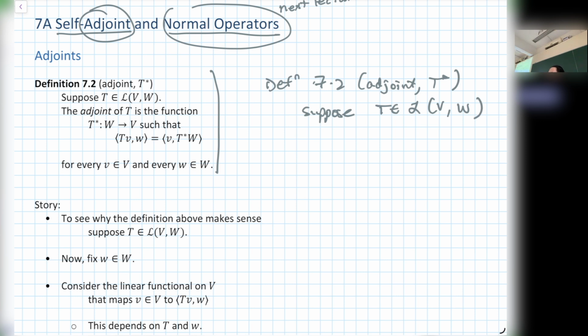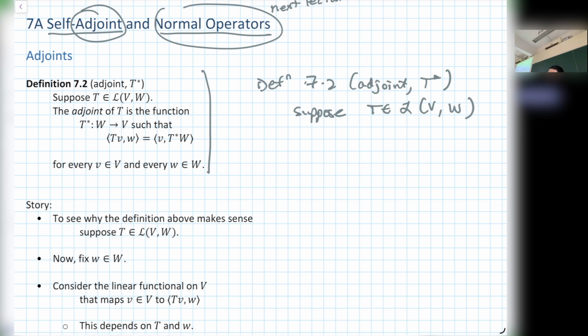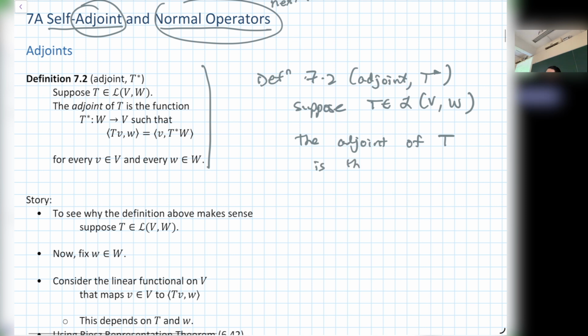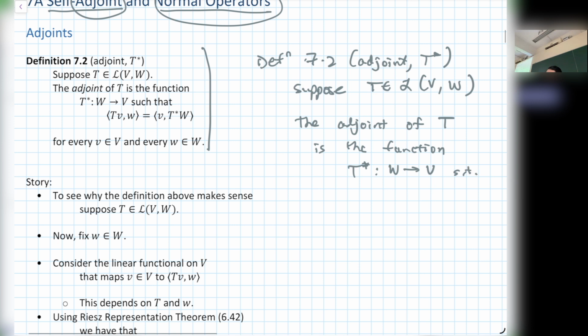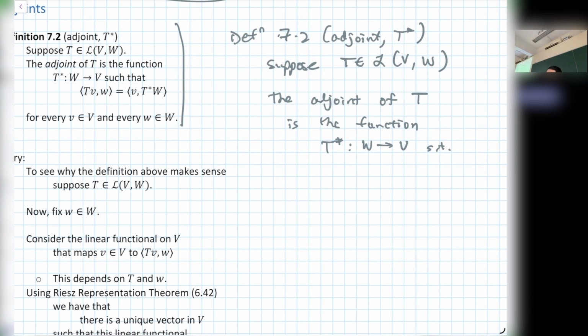The adjoint of T is a brand new object we're defining, the function T star, which goes from W to V. T was going from V to W, T star goes from W to V. The requirement is as follows: if I take T applied on some vector v, and take an inner product with some vector w.